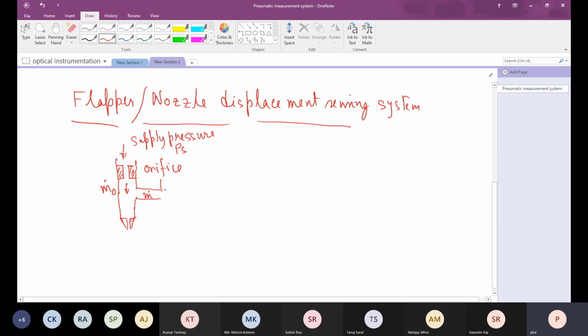Here the flow rate is m dot, and we have output pressure P, and correspondingly we will have a volume V. So this is, you can think of as a reservoir. Now here therefore mass flow will change.